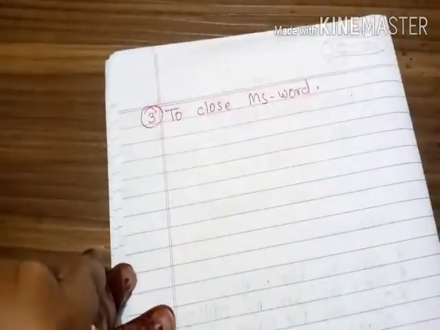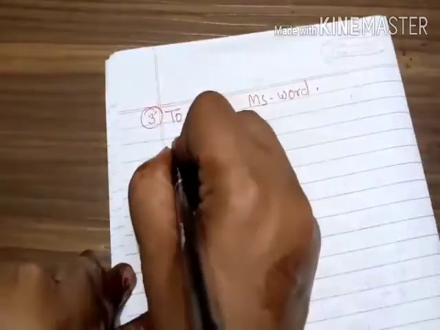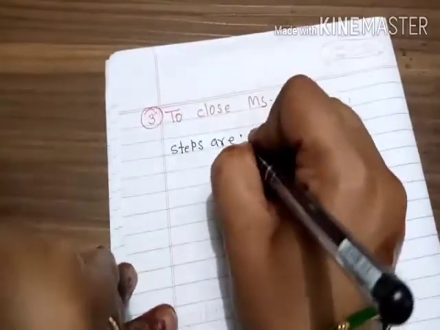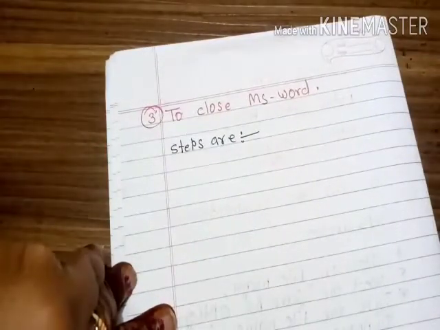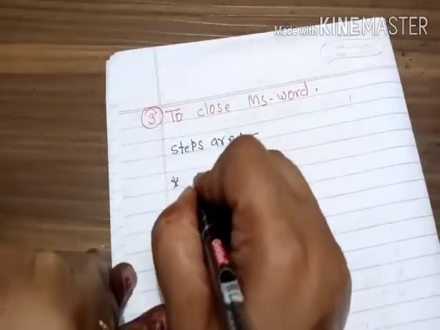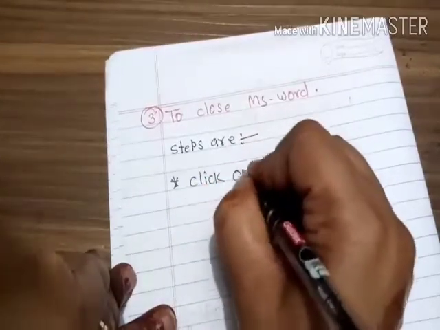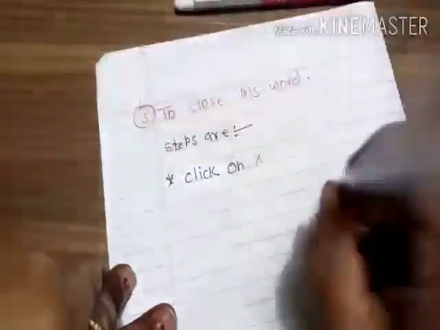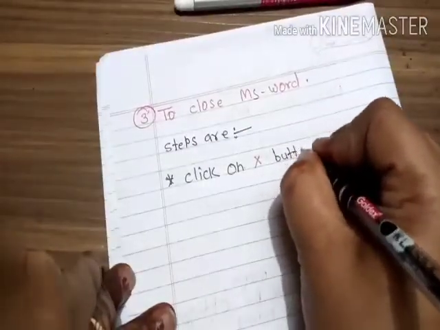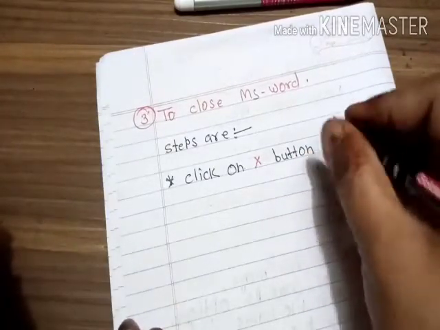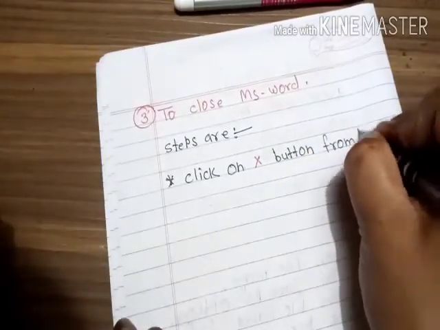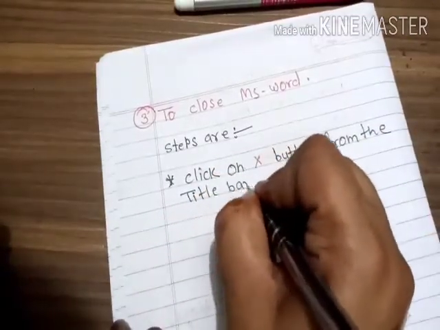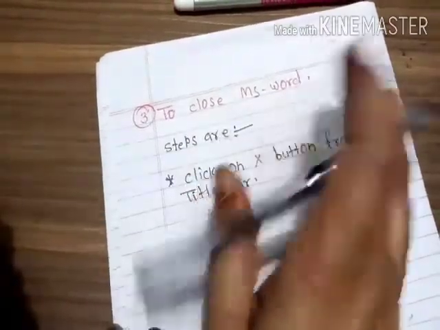Steps are, click on cross button. This cross button, click on cross button from the title bar. Your MS Word is going to be closed.